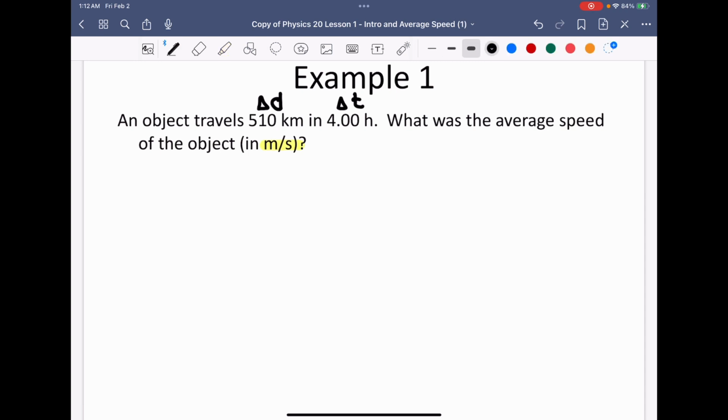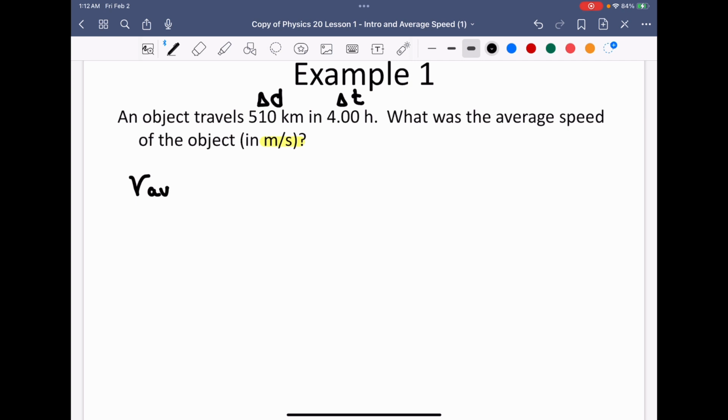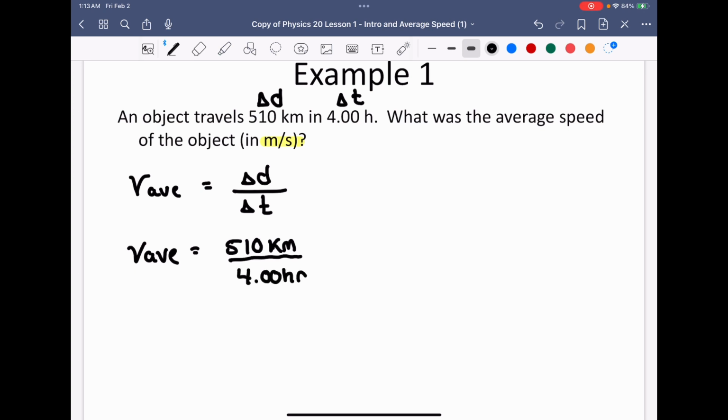So I'm going to say speed average is equal to the total change in distance divided by the total change in time. That means my speed average is equal to 510 kilometers divided by the 4.00 hours. And now, to make sure I get a specific kilometers per hour value, I'm just going to make sure I had this right in the calculator. Perfect.